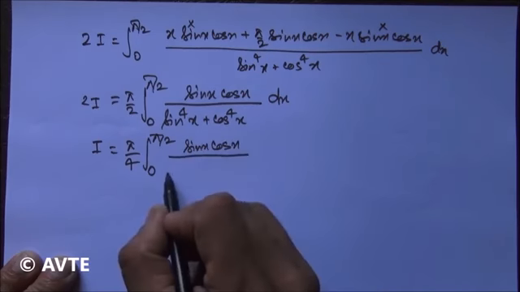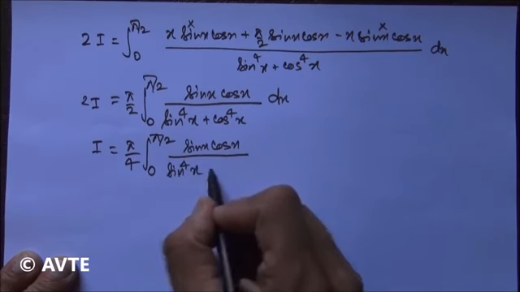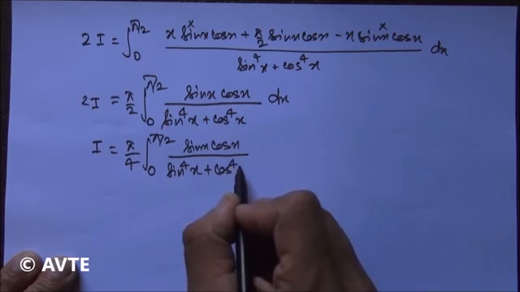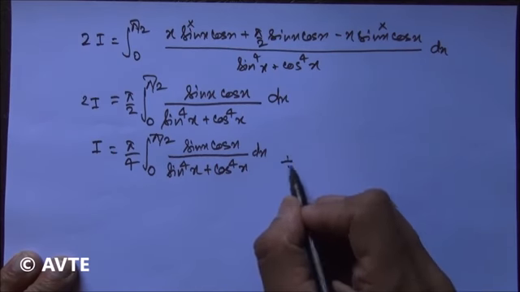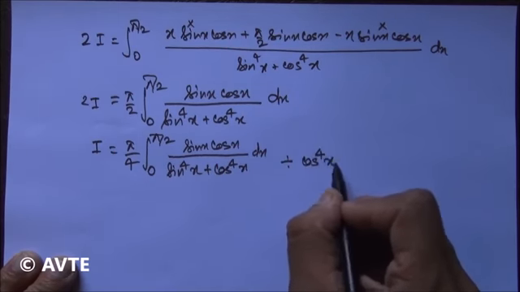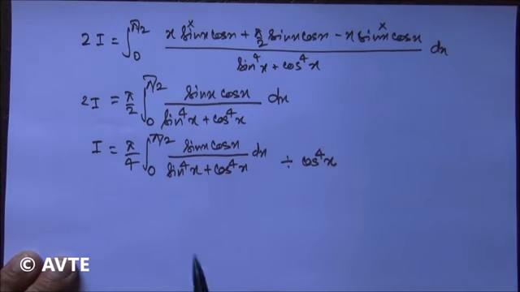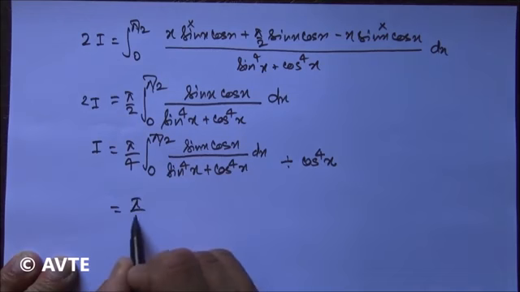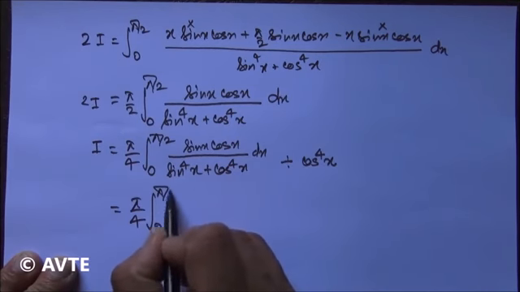And now this is a question which can also be taken into indefinite integration. And we are dividing each term by cos raised to power 4. So by dividing everything by cos raised to power 4, we get pi by 4, 0 to pi by 2.